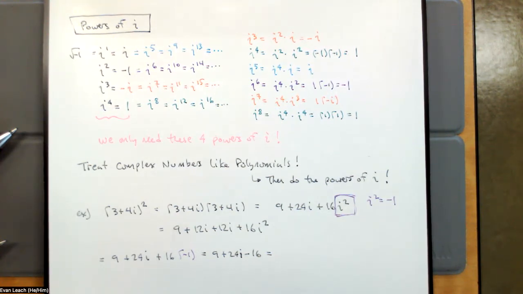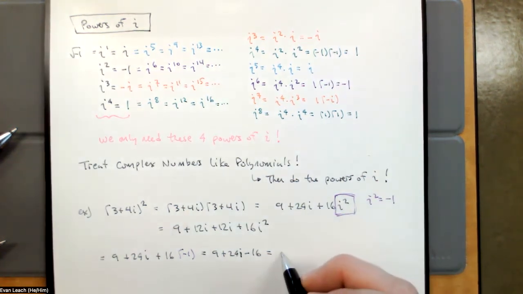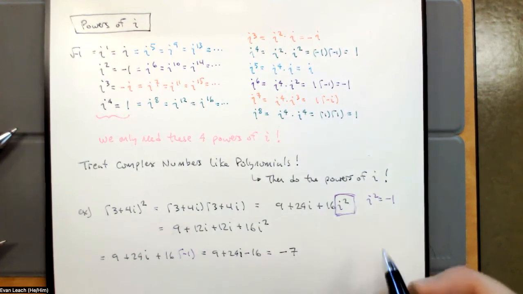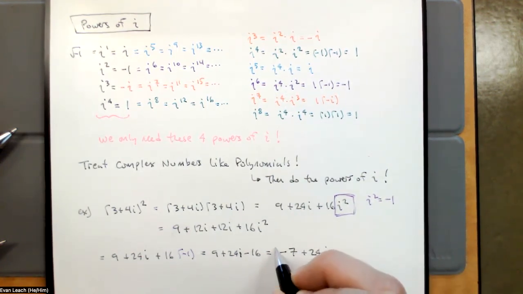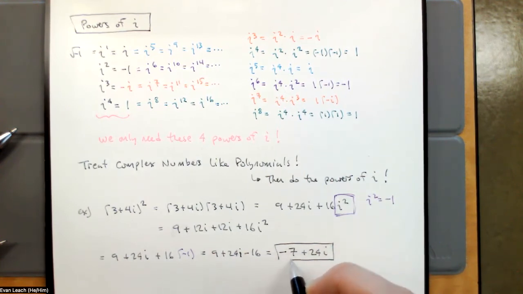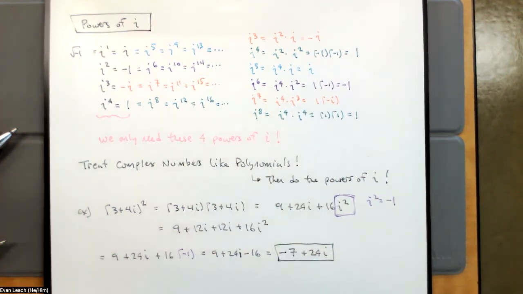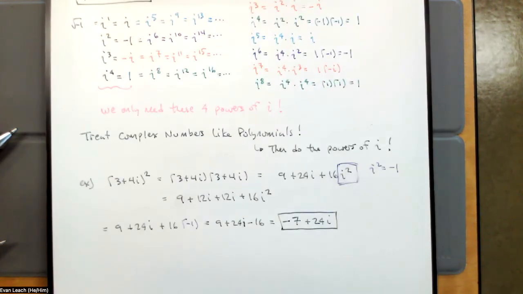And 9 minus 16 is 7? -7. How's that, okay?